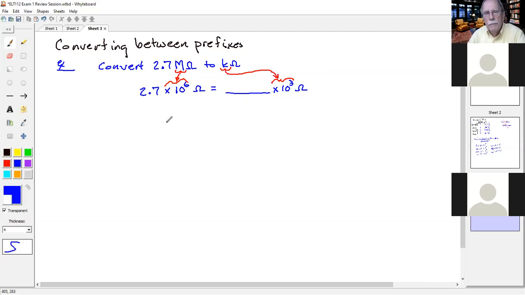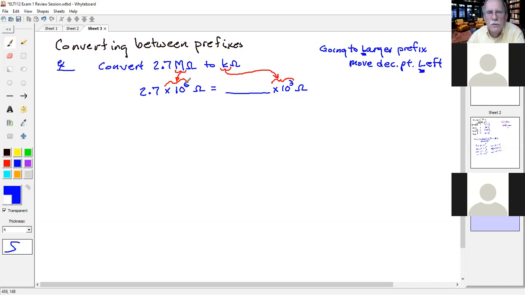Then we said the rule we use: if we're going to a larger prefix, move the decimal point left. And the easy way to remember it is larger starts with an L, left starts with an L. You have to remember we're going to.